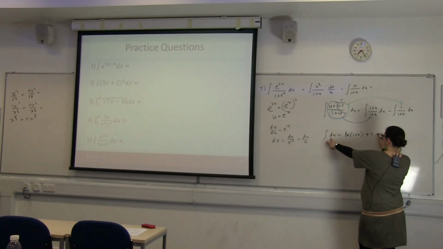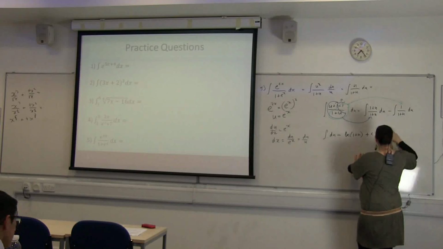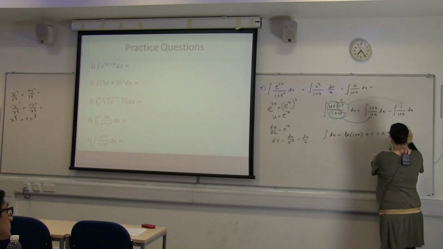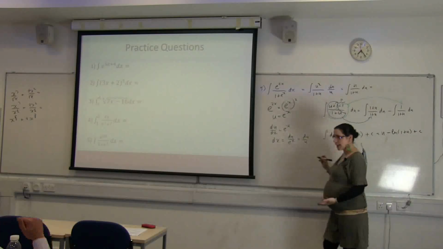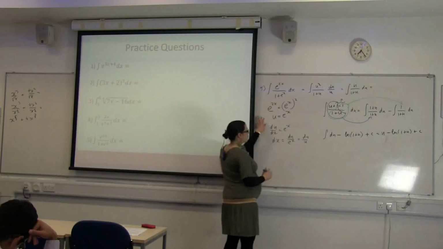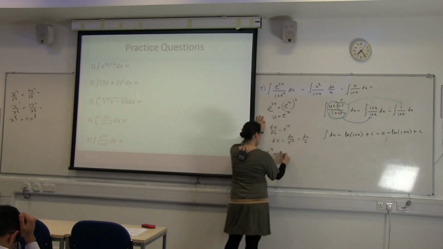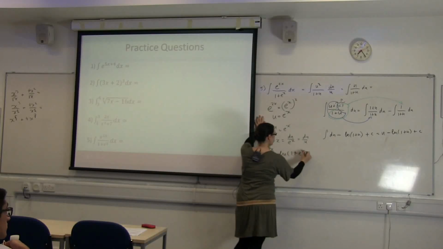Integral du is u. Oh, why am I writing plus all the time? So it's u minus ln of 1 plus u plus c, but I started with x's. So I need to bring back what was u, so it will be e to the x minus ln of 1 plus e to the x plus c.